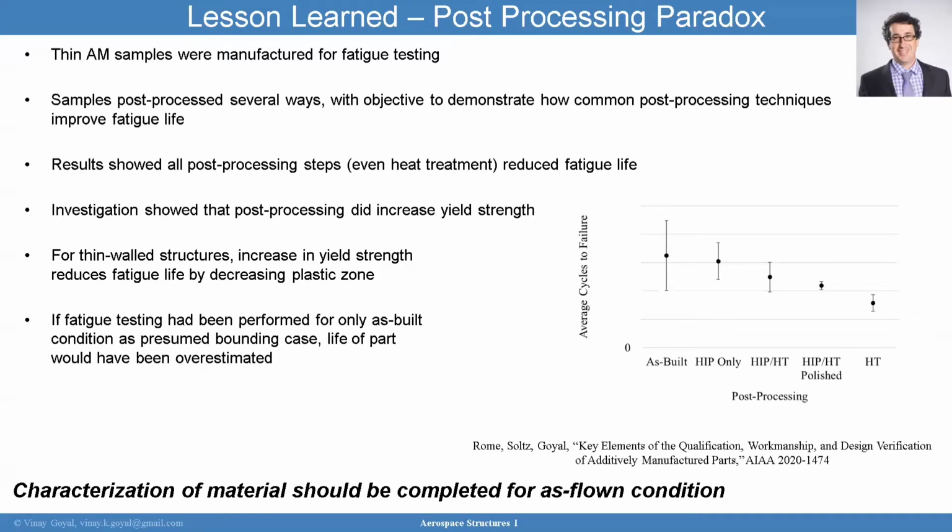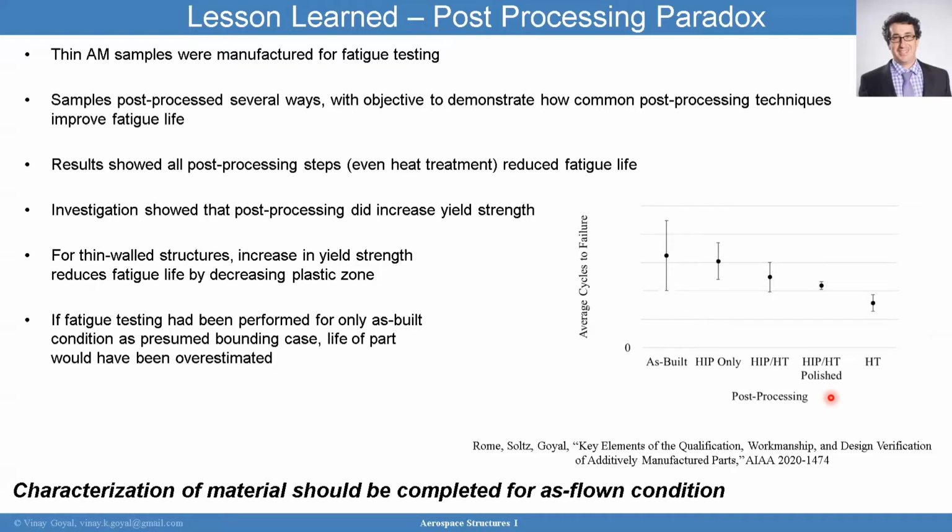But what you see here is that your as-built samples actually had the most cycles to failure. The ones that were HIP'd and heat treated had 30% fewer. I call this the post-processing paradox, because by what everyone knows, you have better properties with HIP and heat treatment. Why is it going down? Well, in this case, yes, we did testing and confirmed that you have better yield strength and better ultimate strength when you HIP and heat treat.